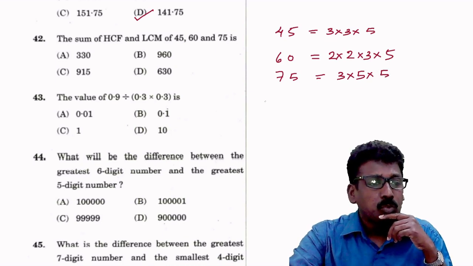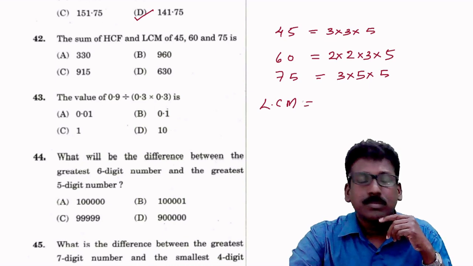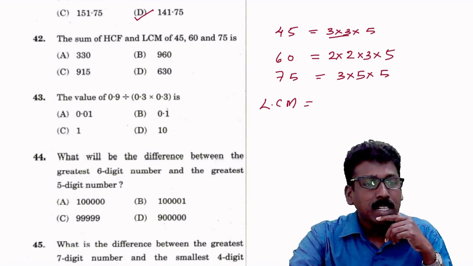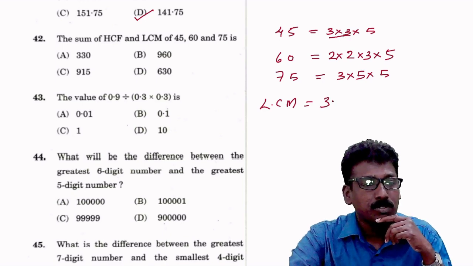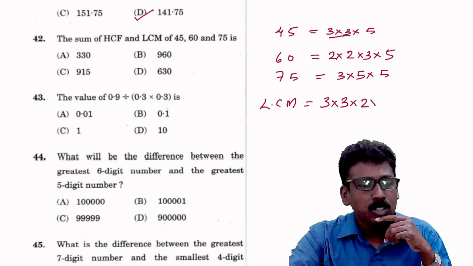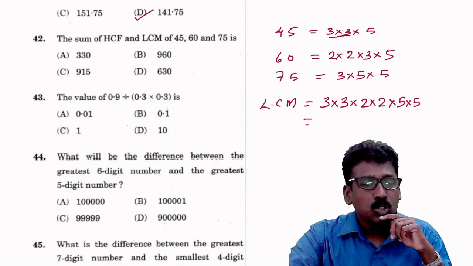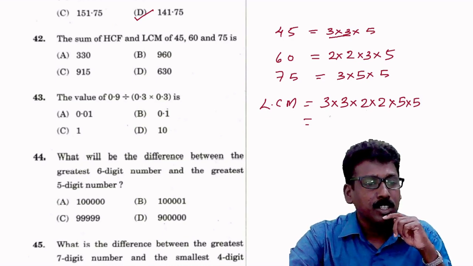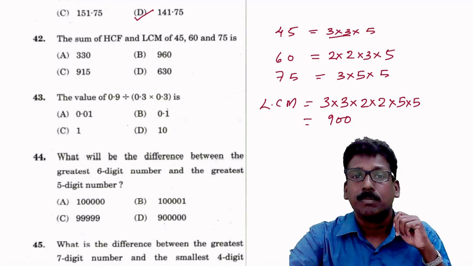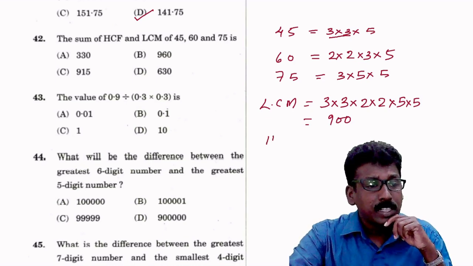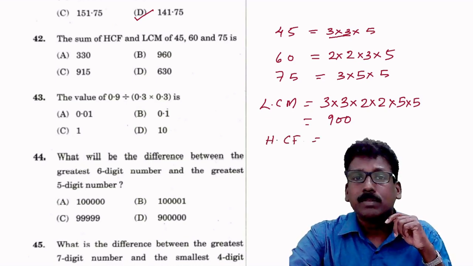Now, for LCM, the number which comes the maximum number of times you have to take. Here, 3 comes 2 times in 45, so 3 into 3 you can take. In 60, 2 comes 2 times. Similarly, in 75, 5 comes 2 times. So this is the LCM, and it is 25 into 4, 100, into 9, 900 is the LCM. HCF is the common factor.